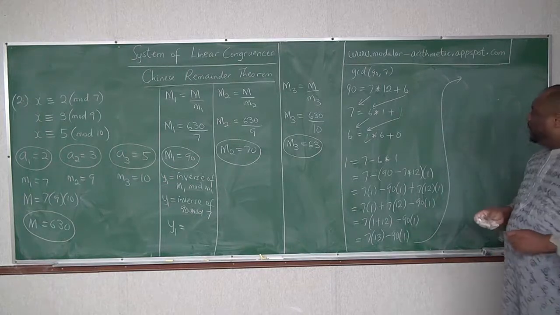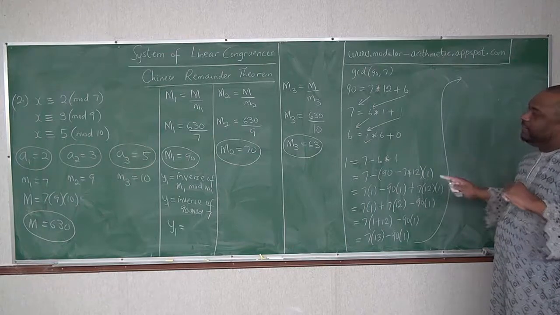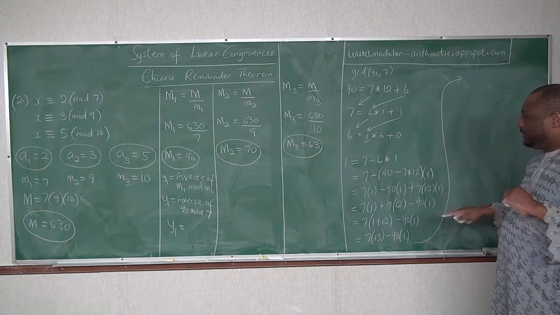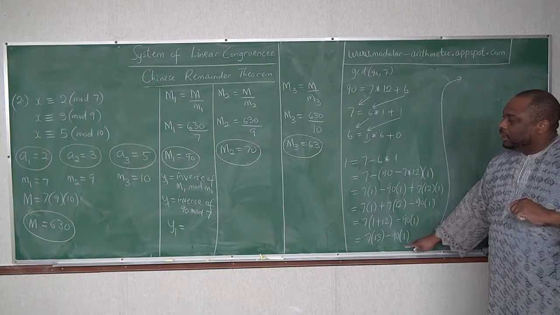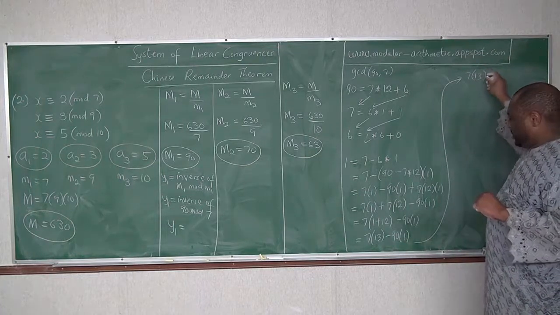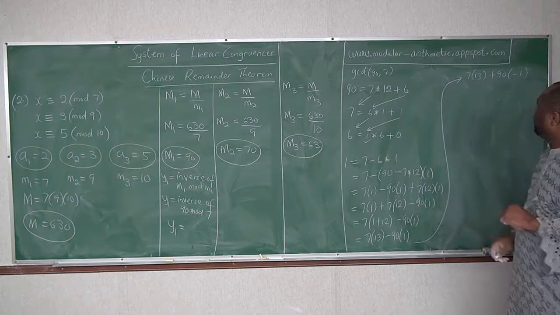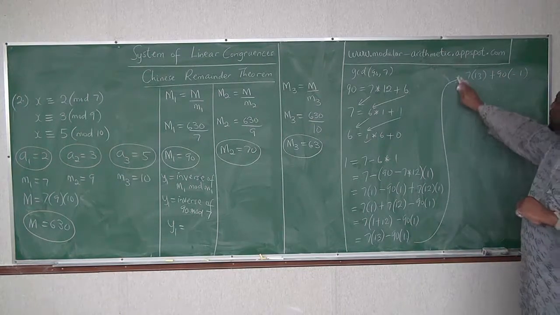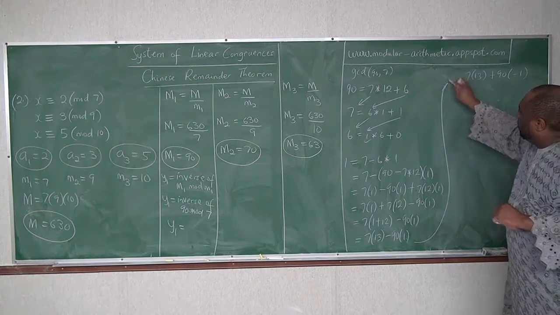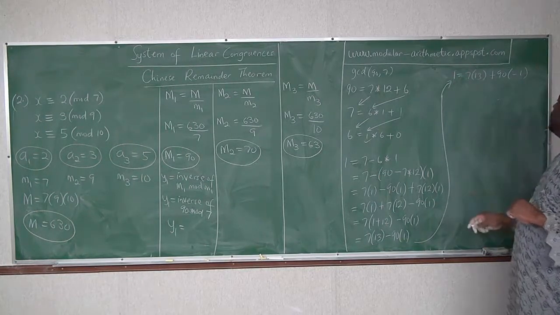So we are looking for the inverse of 90 mod 7. This is 7 times 13 plus 90 times negative 1, and that equals 1.